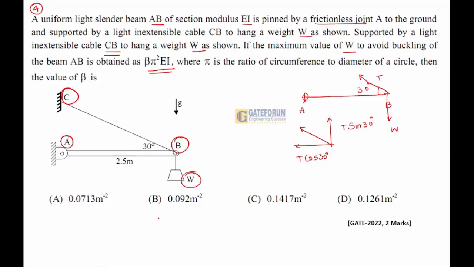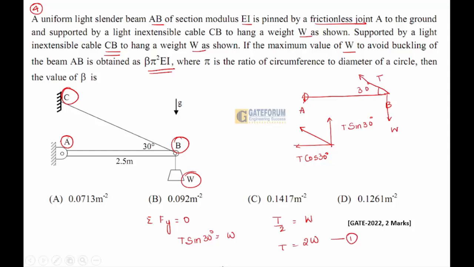From here, if I take the summation of Fy equal to 0, vertical forces, I get T sin 30 equal to W. That is T by 2 is equal to W, so T is equal to 2 times W. Let this be equation number 1.